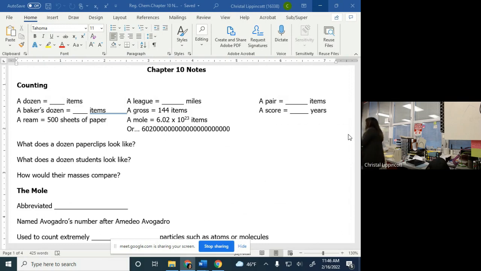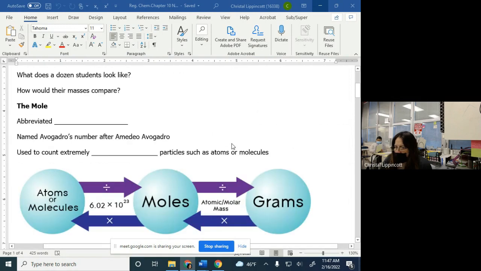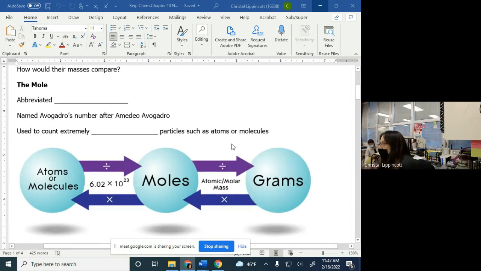Okay, so you should have your notes out. Your notes should have a diagram on it that looks like this. And you're going to need your periodic table today and a calculator. Get all that stuff out so we can get started.